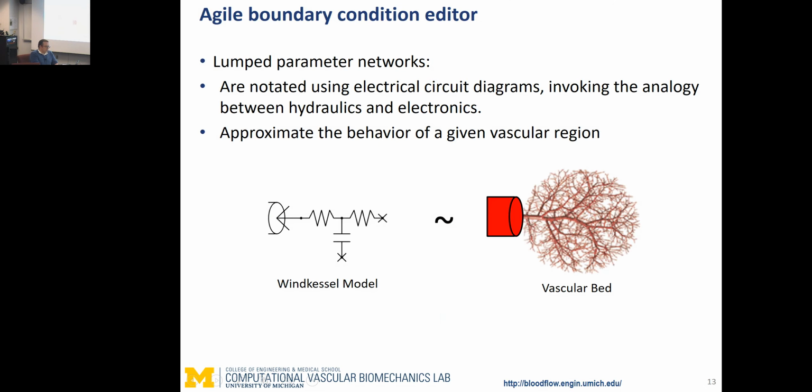So this is the kind of approximation that we're making. For example, one of the better known reduced order models is called a Windkessel, which is a series of a resistor, a compliance chamber, and another resistor. And if you parameterize this wisely, you can approximate the overall flow and pressure behavior of any vascular bed that you want, up to some approximation, of course.